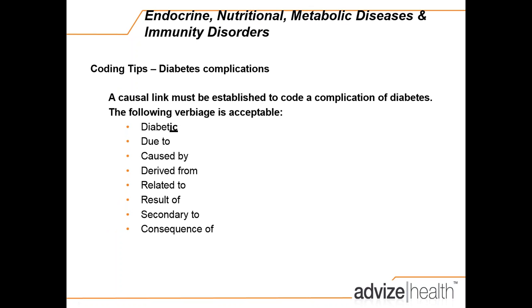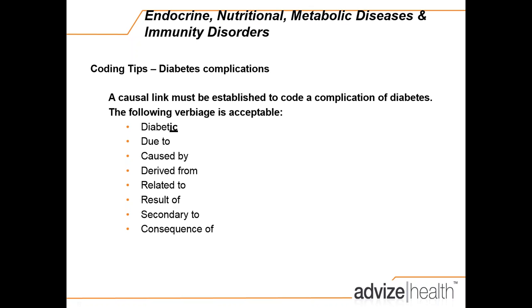Some more coding tips for diabetes complications. A causal link must be established to code a complication of the diabetes. So the following verbiage is acceptable: diabetic, due to, caused by, derived from, related to, result of, secondary to, or consequence of.